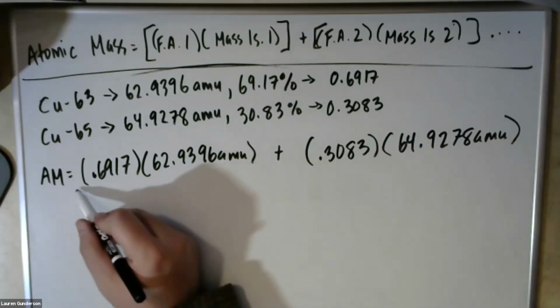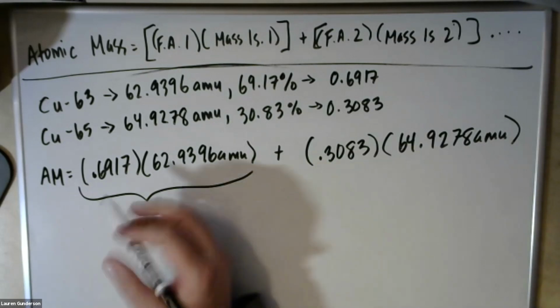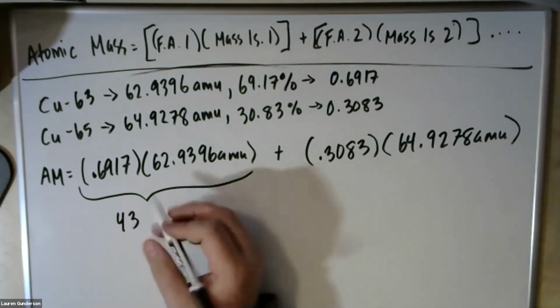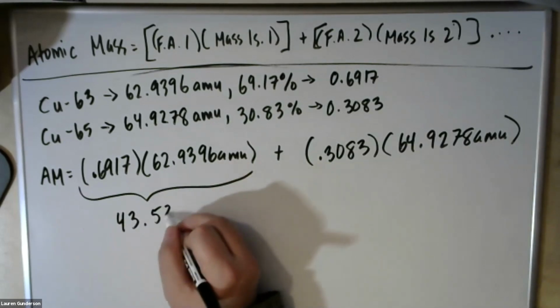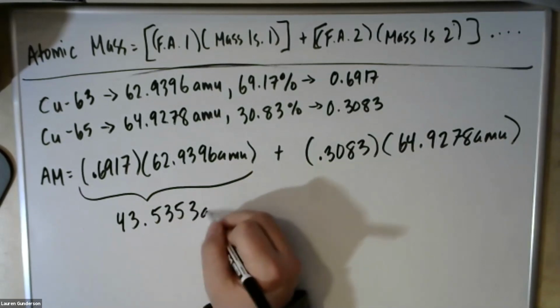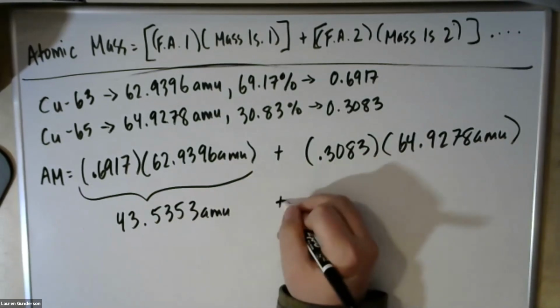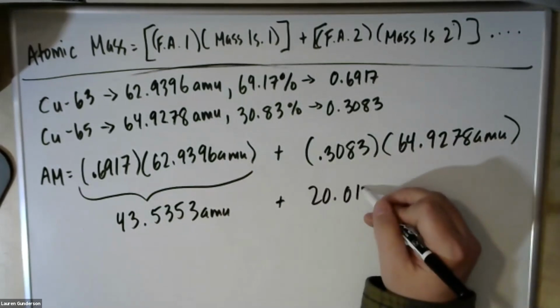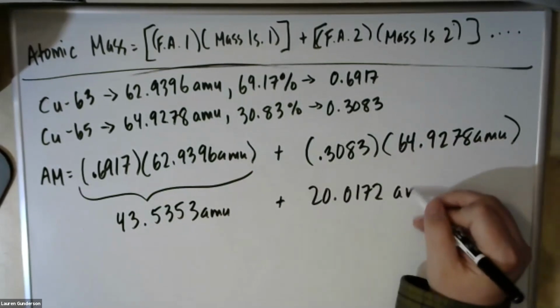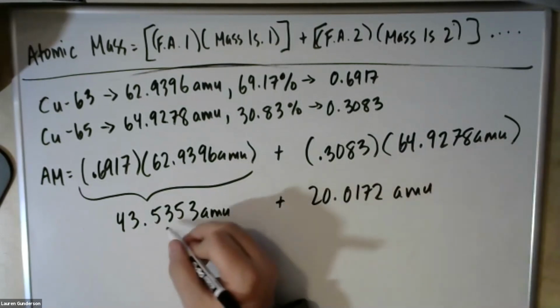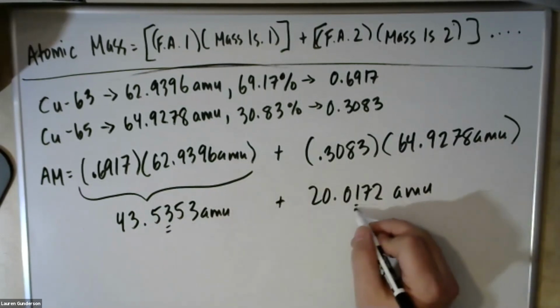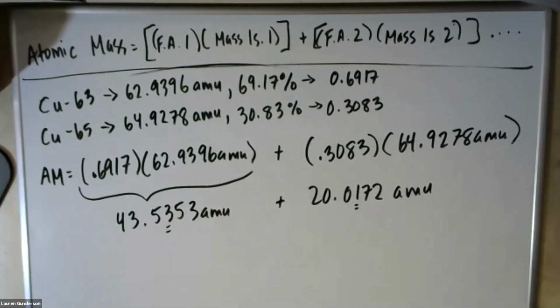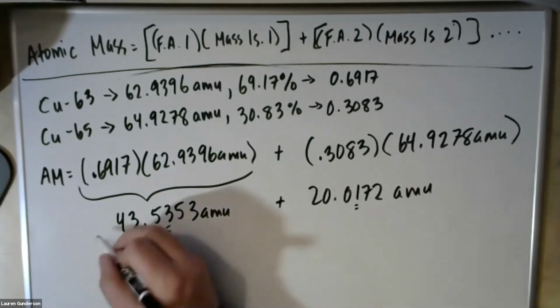So we have 43.5353 AMU plus 20.0172 AMU. Try to keep track of the sig figs as much as I can.